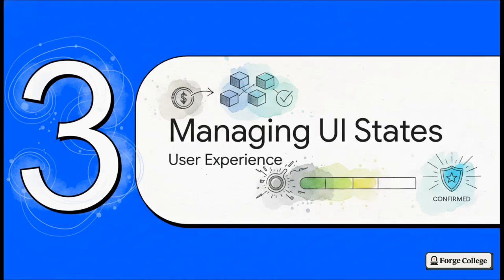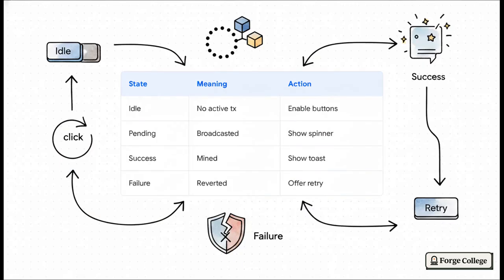Next up is section 3, managing UI states, to really dial in that user experience. So, we really want to replace the dreaded spinner of doom with genuinely helpful feedback. We always start at idle, where your buttons are fully active. The second they click, boom, we move to pending. The transaction is broadcasted, so we show a nice spinner, but we strictly disable repeated sends so the user doesn't accidentally double spend.